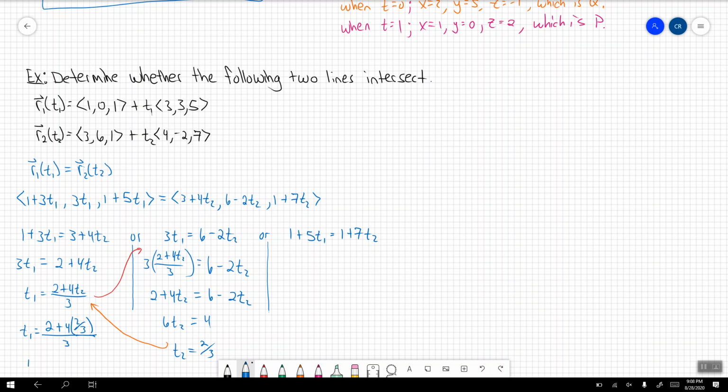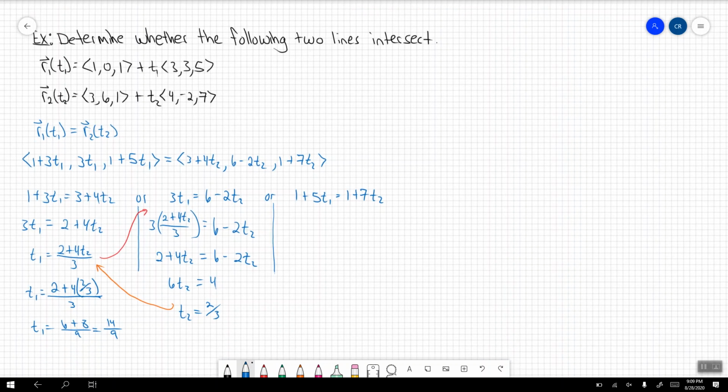So I'm going to go ahead and solve for t sub 1. Let's say I multiply both numerator and denominator by 3. That's going to be 6 plus 8, all divided by 9, which means I should get 14 over 9. Great. All right, looking good so far.